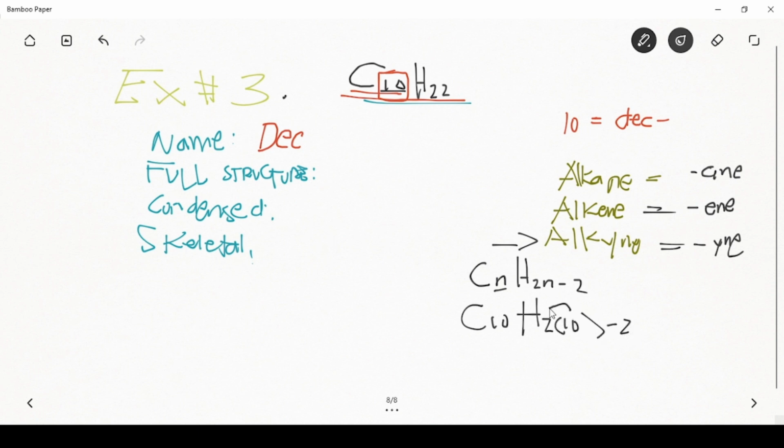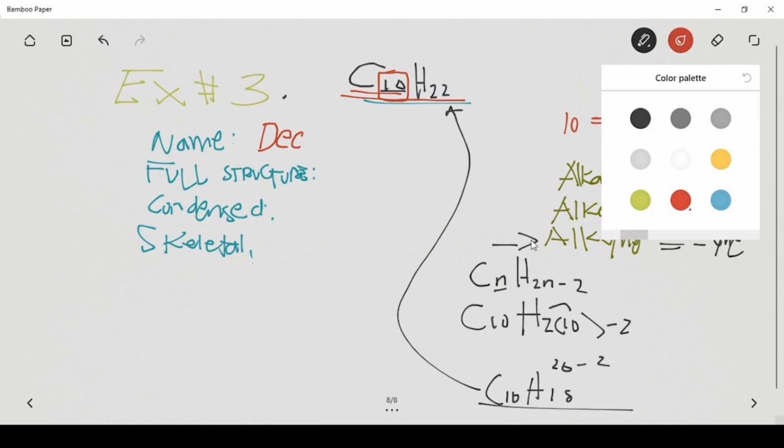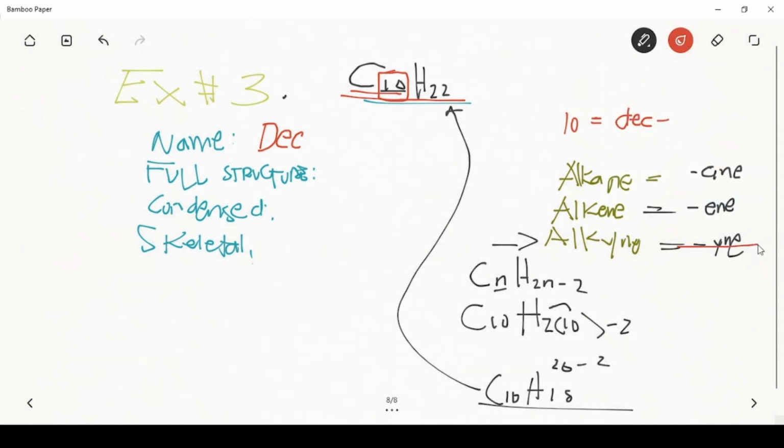So 10 times 2 is 20, minus 2 is 18. So therefore, it is not the same as the given. It's C10H18 and this is C10H22. Therefore, we are not going to use the suffix yne.